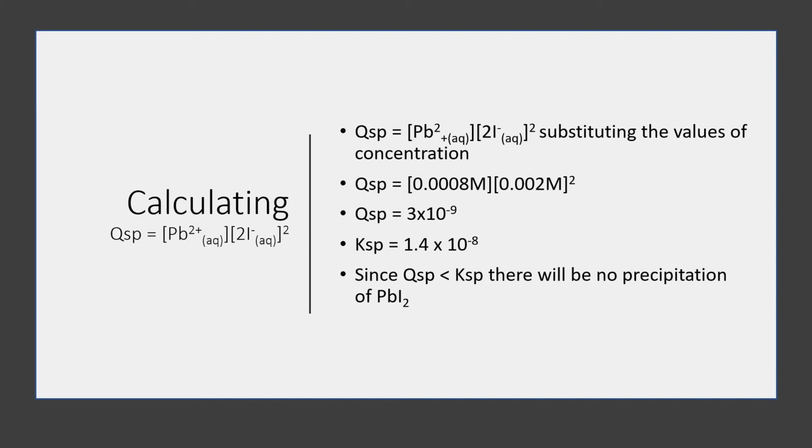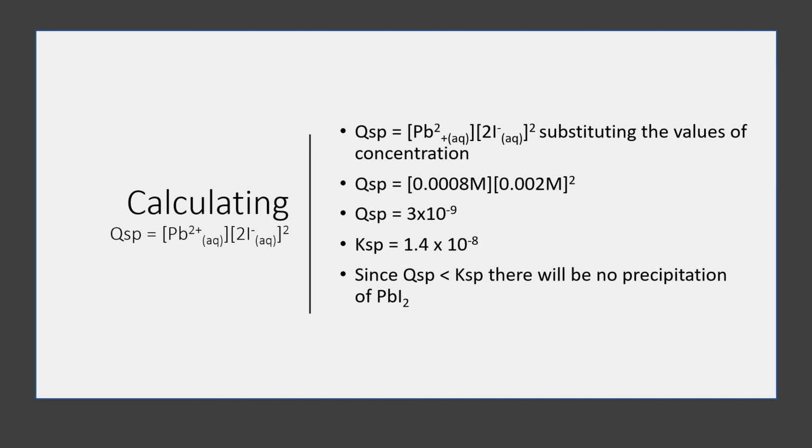So we have those two values, and it is also raised to 2. Solving that will give you QSP is equal to 3 into 10 to the power of -9. And KSP is already given as 1.4 into 10 to the power of -8.